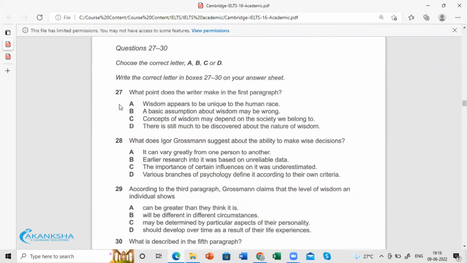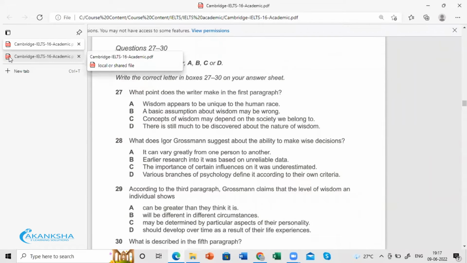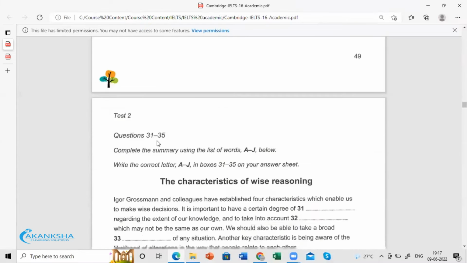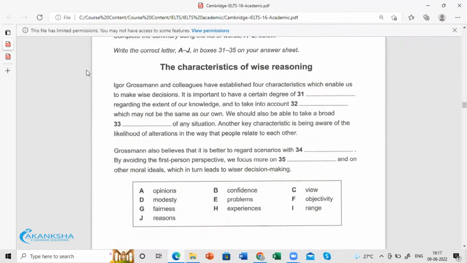So the 27th one would be in the first paragraph, the 28th in the second paragraph, the 29th in the third paragraph. So we need to scan for these fill in the blank answers after about 3 or 4 paragraphs.